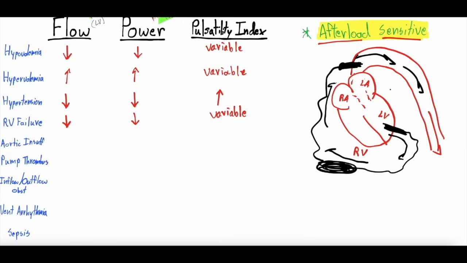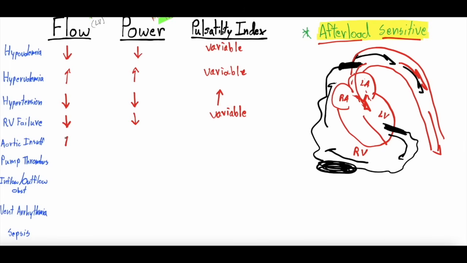So as we mentioned, aortic insufficiency or aortic regurgitation, this valve here, there's an aortic valve that should be one way. It shouldn't let blood return to the left ventricle. But with aortic insufficiency, some of this blood that the LVAD's pumping into the aorta is going to regurgitate back into the left ventricle. So you can almost think of it like it's increasing left ventricular preload because some of this blood is going back into the left ventricle. As we talked about, LVADs are preload dependent. So if you're increasing left ventricular preload, what do you expect for the flow and power?